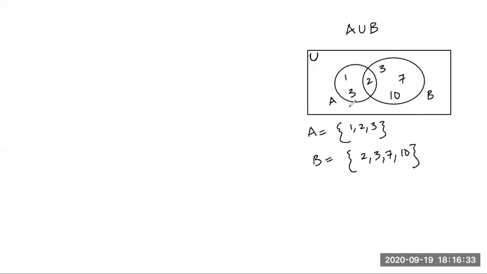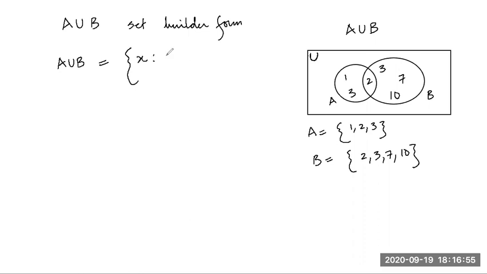How will I write A union B, students, in set builder form? So guys, A union B is equal to the set of all x such that x belongs to A. Students, this is very important, so I will write with red ink.